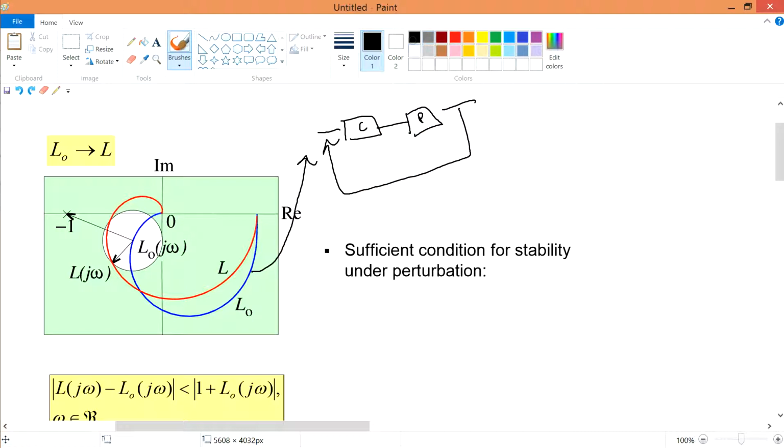Over a long time, due to wear and tear to the plant, the system may actually perturb, may actually change, because the wear and tear increases the gain. They call this the nominal gain because it increases the gain by a little.